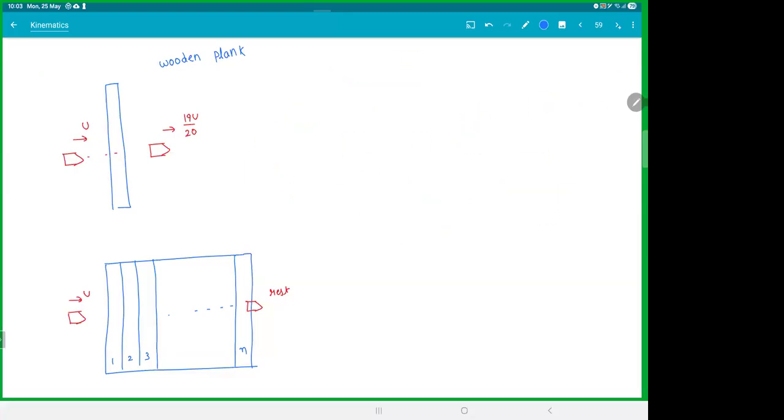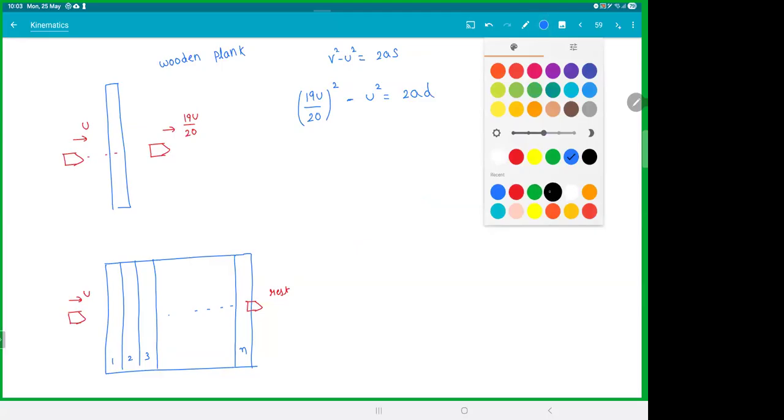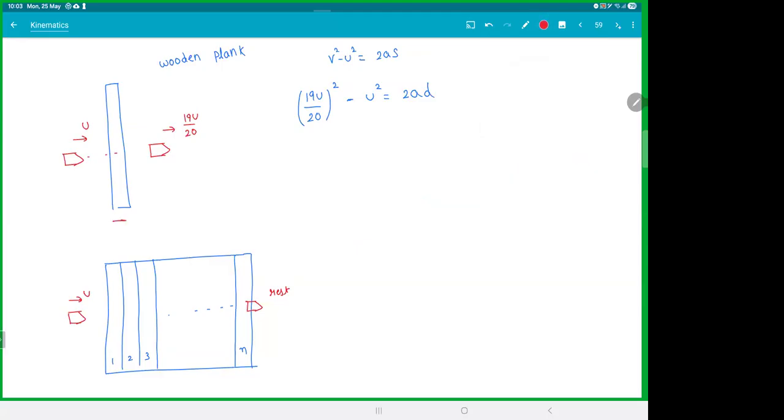For the first thing, you write the equation v square minus u square is equal to 2as. What was the speed? 19u by 20. What was the initial speed? u square. This is 2, acceleration is how much? I don't know. Let's say 2ad. So let the width of the plank be d.